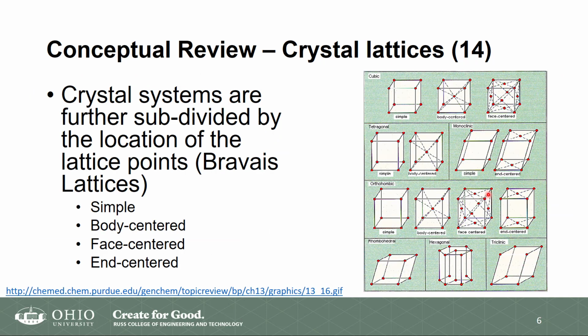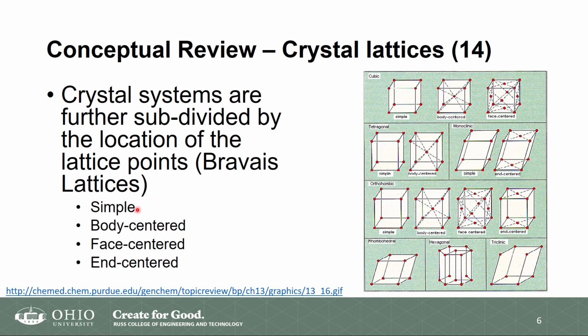And then when we overlay the lattice points on those crystal systems, we end up going from a 7 crystal system to a 14 crystal lattice system. And the main difference being where the lattice points were located. And so these were divided into 4 different kinds.